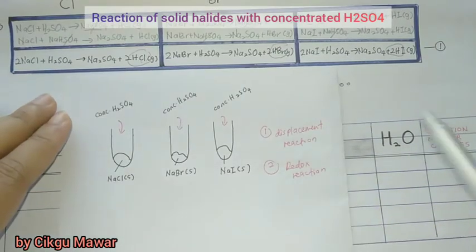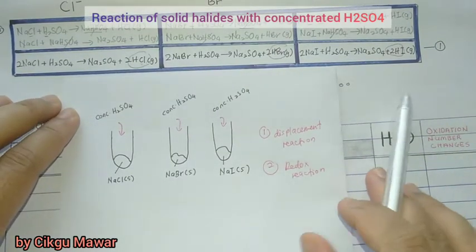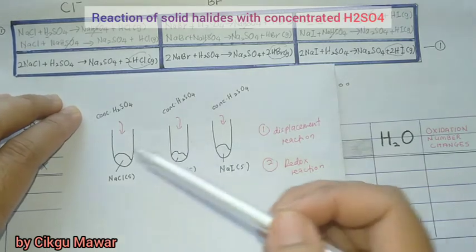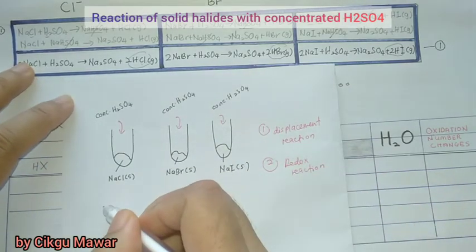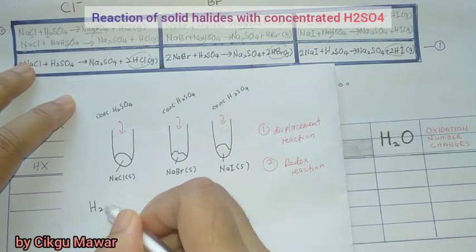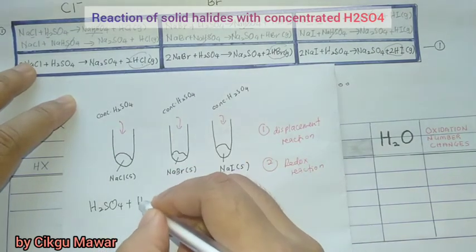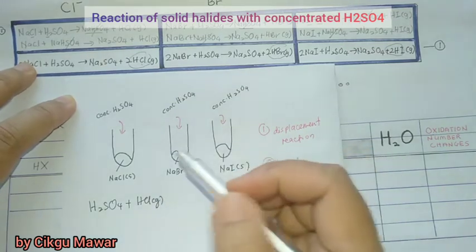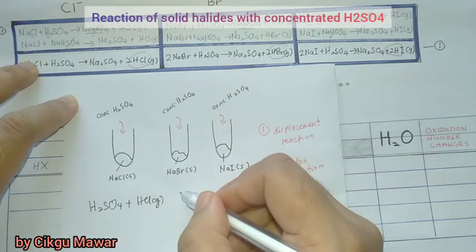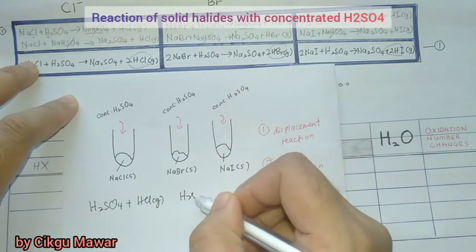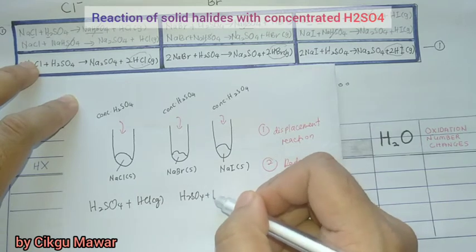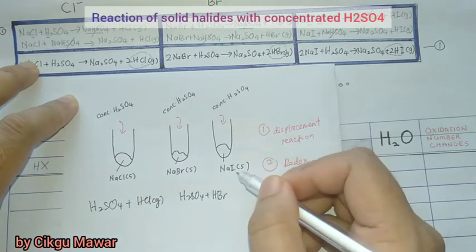Now for the second reaction, which is the redox reaction, if you see in this test tube, we have sulfuric acid and hydrogen chloride gas. In the second test tube, sulfuric acid with hydrogen bromide gas.